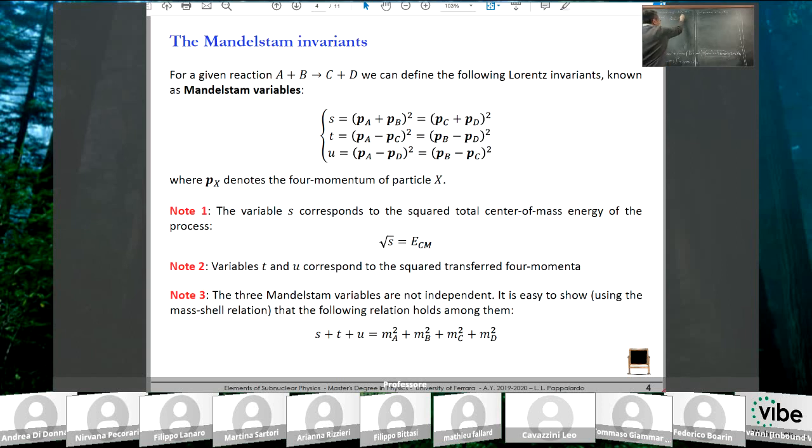The energy in the center of mass is equal to the square root of s, and it is equal to the square root of, now the two particles are the same, they are both protons in the hypothesis, so this is twice the mass of the proton squared plus twice the mass of the proton times the kinetic energy of the proton beam in fixed target configuration. So F stands for fixed target.